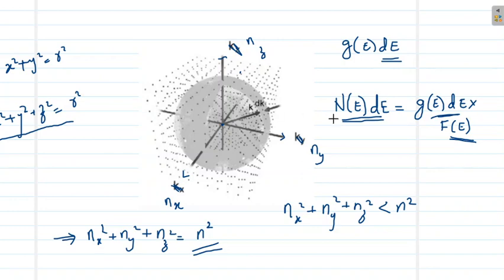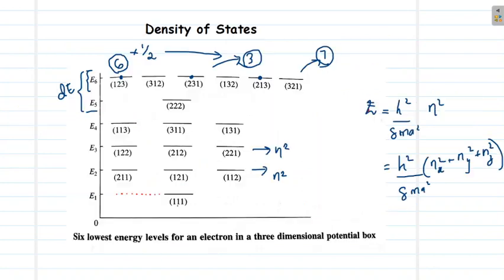And outside this sphere, the value of Nx square plus Ny square plus Nz square will be greater than N square. So you can see here below this level. If we choose this particular value as our N square, all the states below that energy level will have lower N square value and so on.